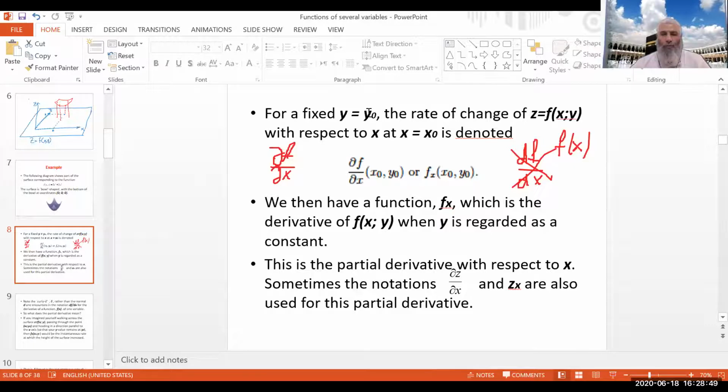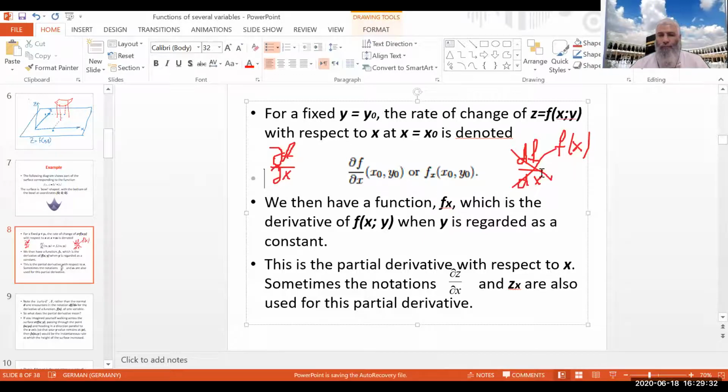For a fixed y equals y naught, the rate of change of z, f of x and y, with respect to x at x equals x naught is denoted df/dx at x naught, y naught, or f sub x of x naught, y naught, the derivative of f divided by the derivative of x.